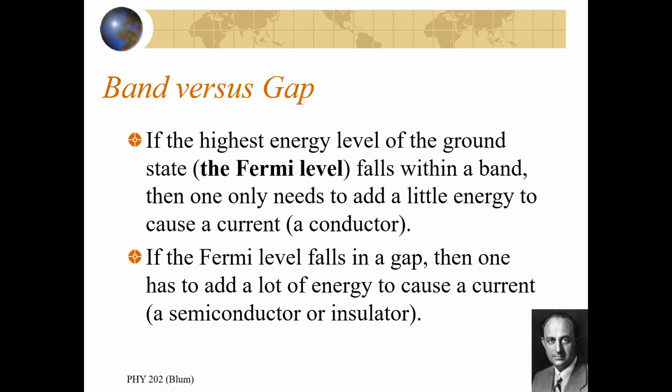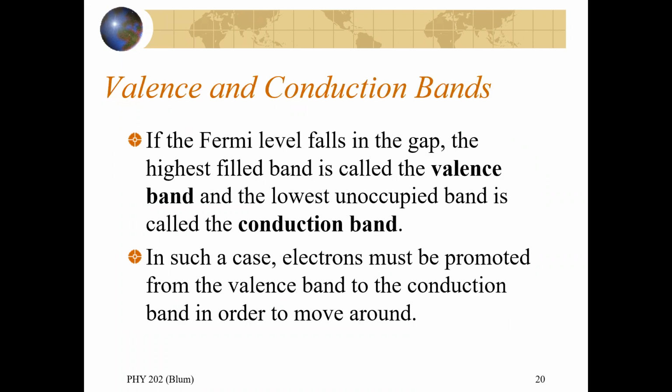So the people with important names for this stuff are Pauli, who had the exclusion principle, only 2 electrons per level, and then Fermi. That last level is called the Fermi level. And then we want to know, where's the Fermi level? If it's in the band, you're a metal. If it's at the gap, you're either a semiconductor or an insulator, depending on the size of that gap. Okay.